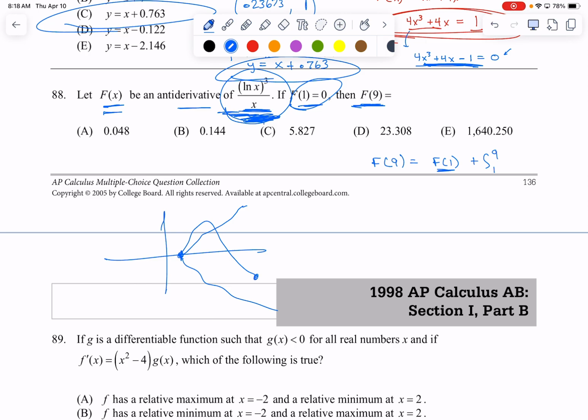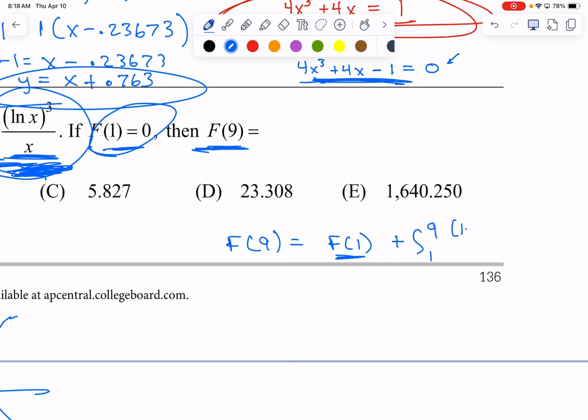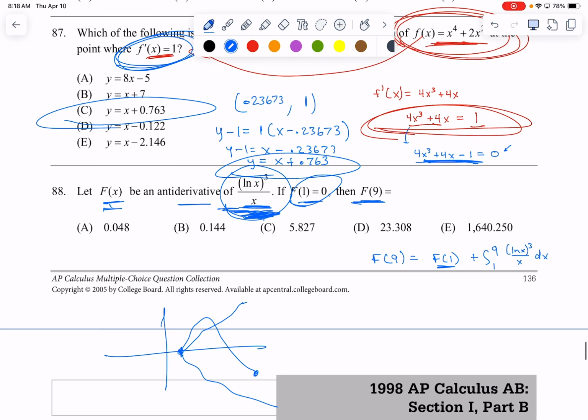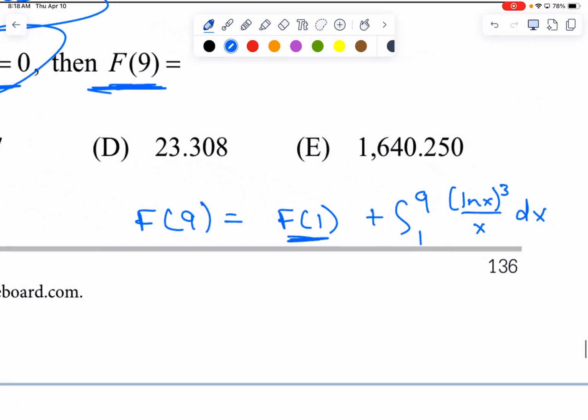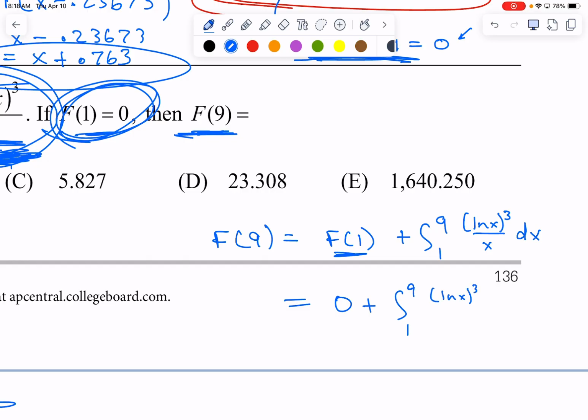So all you got to do is figure out the displacement from 1 to 9 of this function, ln of x quantity cubed over x dx. Because remember, big F is the antiderivative of this guy. So all I got to do is figure out f of 1 plus that. What was f of 1? 0. So I'm just going to go 0 plus the definite integral from 1 to 9 of ln x to the third over x dx.